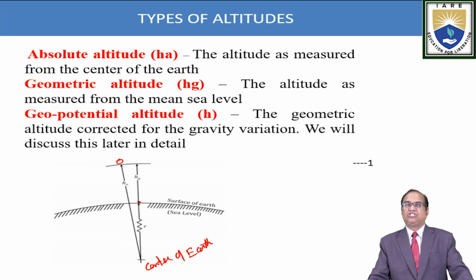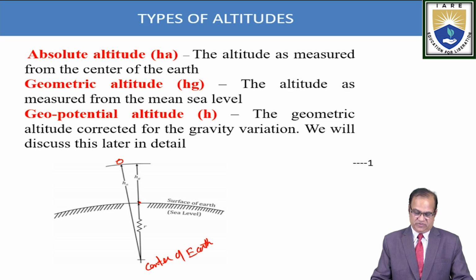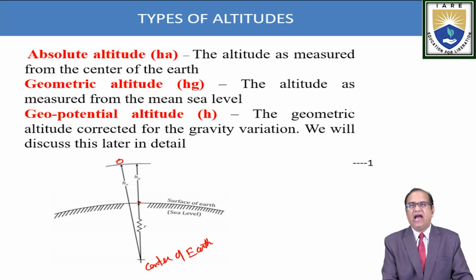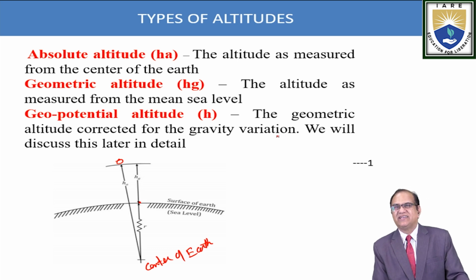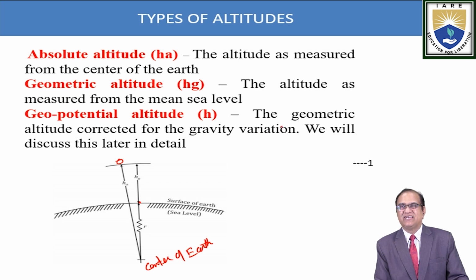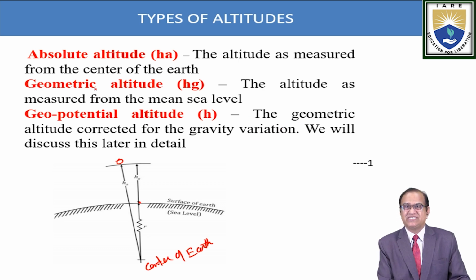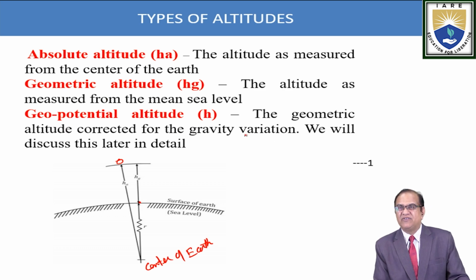Next one is the geo-potential altitude, H. There is a difference between geometric altitude and geo-potential altitude, which is only H. The geo-potential altitude is the geometric altitude Hg corrected for the gravity variation.